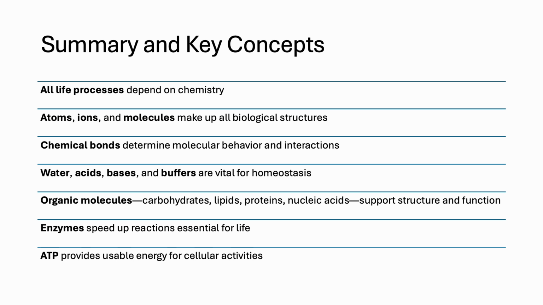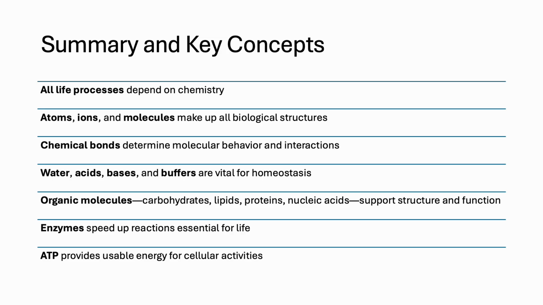In summary, this chapter gives us the chemical foundation for understanding the human body. Everything from muscle movement to hormone signaling begins at the atomic and molecular levels. Atoms form molecules through chemical bonds, and those molecules, especially organic ones like carbs, lipids, proteins, and nucleic acids, carry out the work of the cell.